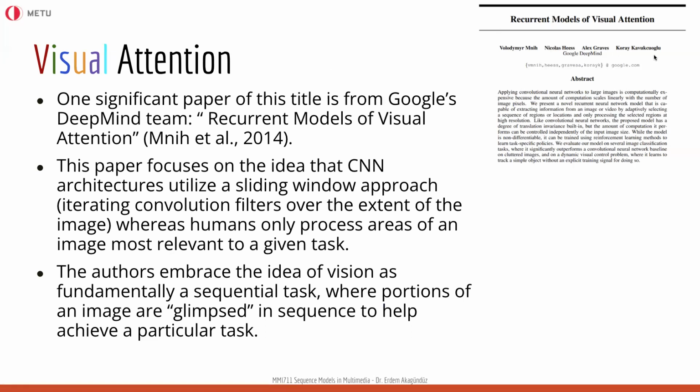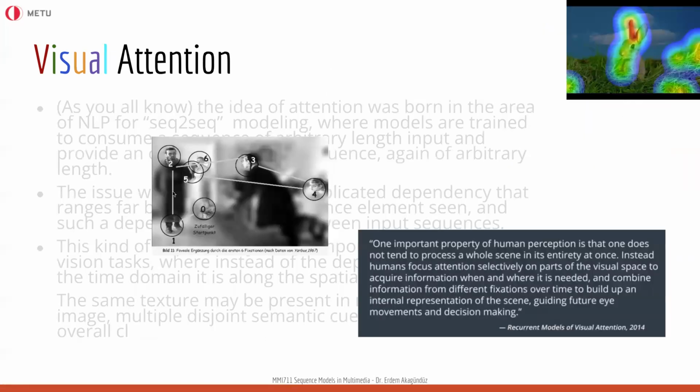In this paper, they talk about how we can model our visual ability to scan images using recurrent models. Just like I said, we take glimpses of an image when we are modeling that image in our heads. In the end, when you apply an attention mechanism, you are constructing the context vector.